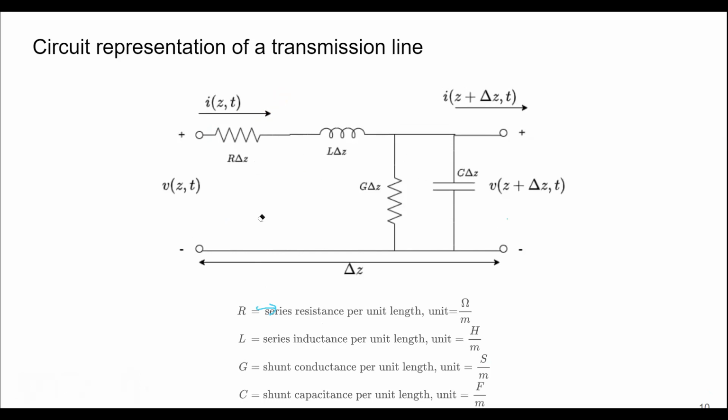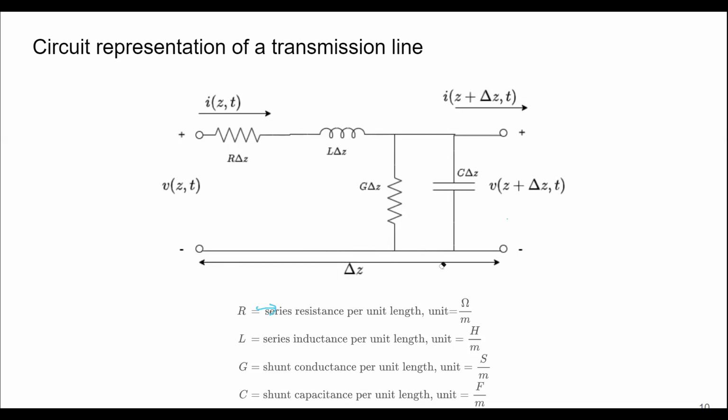This circuit can represent any cross section of the transmission line, and it will enable us to understand the behavior of a delta Z length of a transmission line, and from that we can predict the behavior of the rest of the transmission line, and use this as the basic element of the transmission line. So this is the basic element of the transmission line, and we have denoted it using a circuit representation.